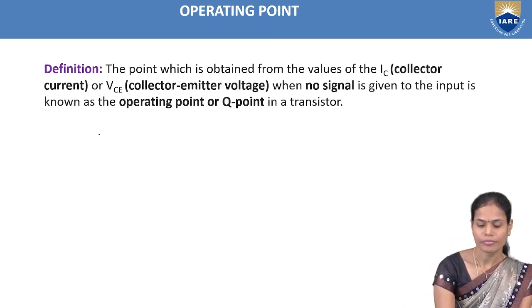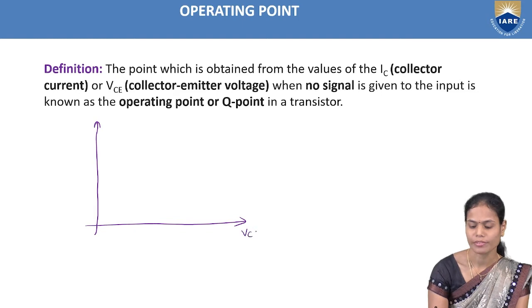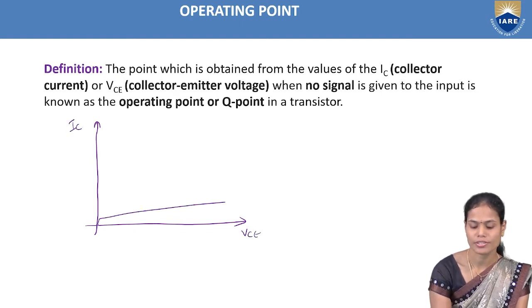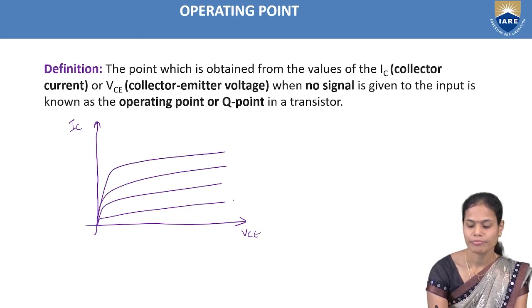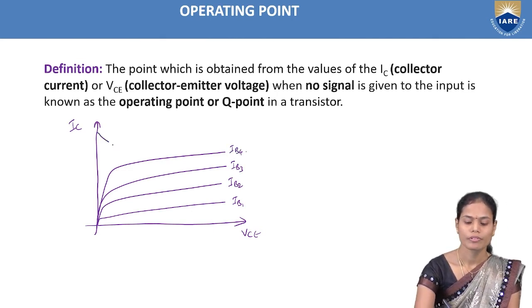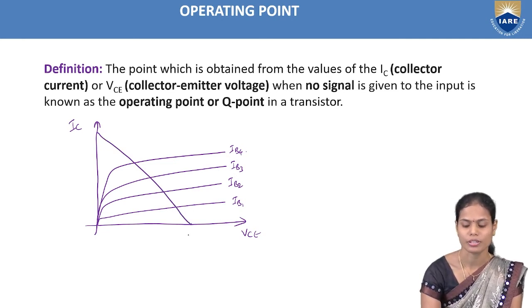Why? Suppose I am taking the output characteristics of the CE amplifier, VCE versus IC. We got the characteristics like this. For different values of IB, we got different IC values. We will draw the DC load line also by using the above procedure.